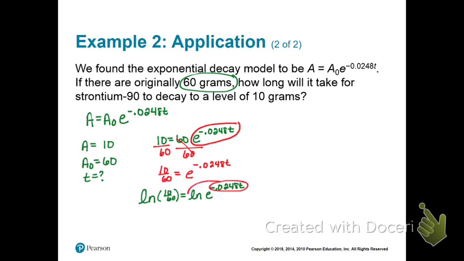And then move your exponent in front of its log. What is the natural log of e? 1. So times 1, we don't have to write it. So divide by what's in front of the t.